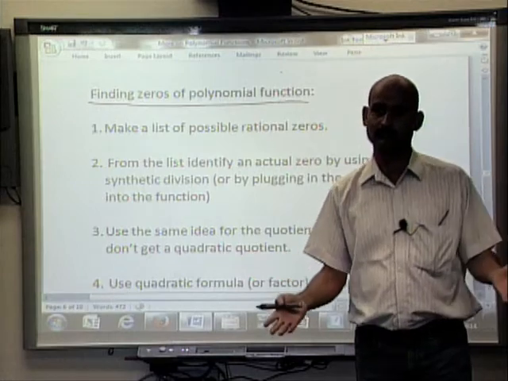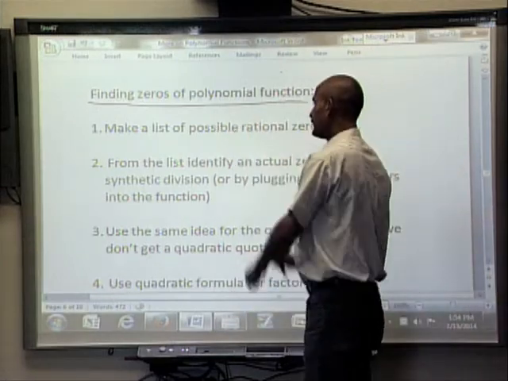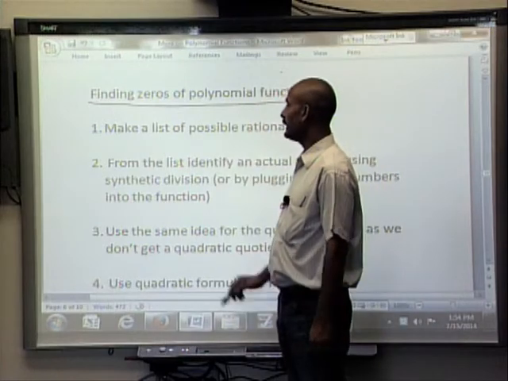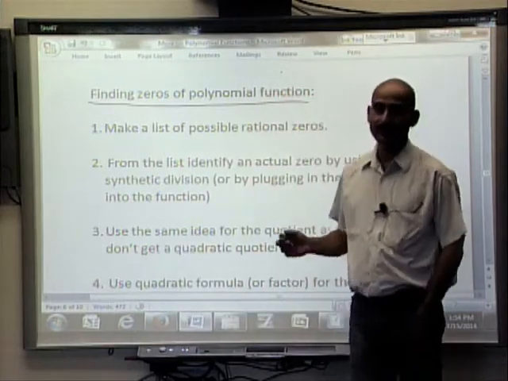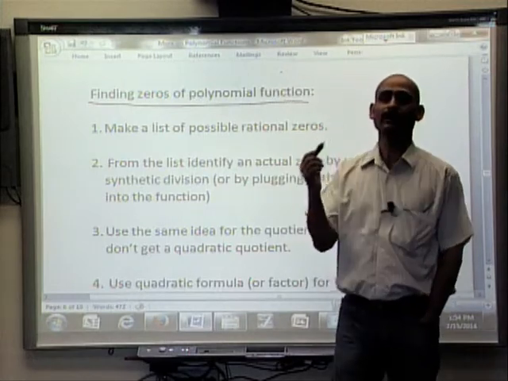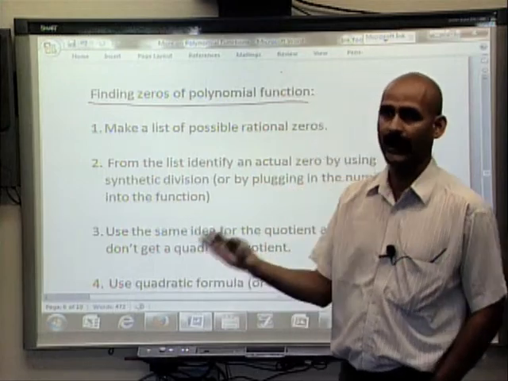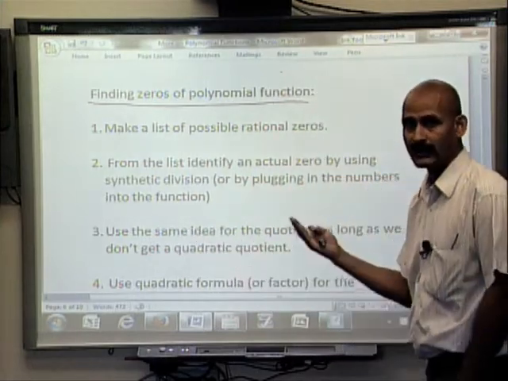Make a list, no choice. From the list, using synthetic division, identify an actual zero. Find out one of them which is the actual zero by using synthetic division.